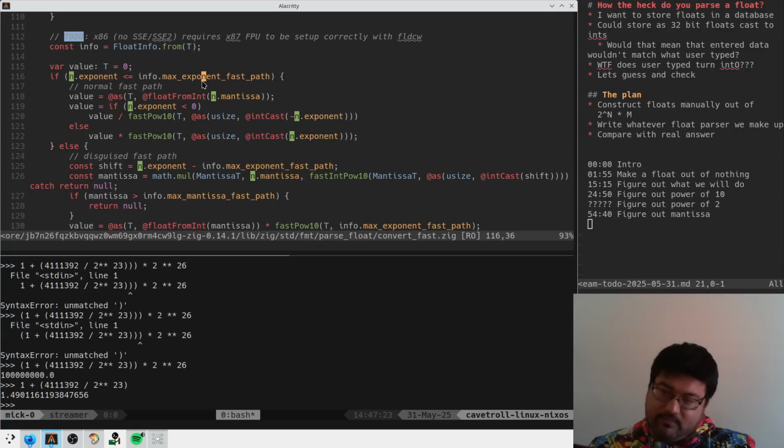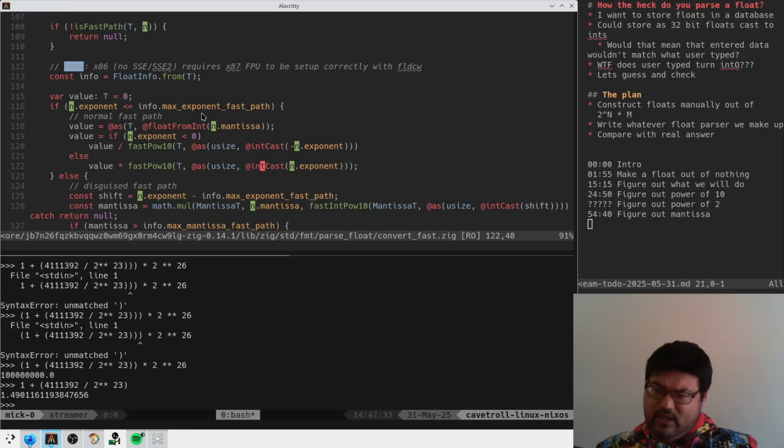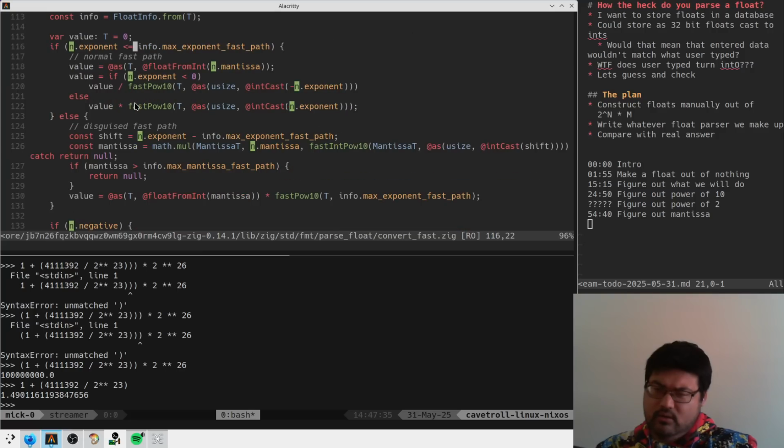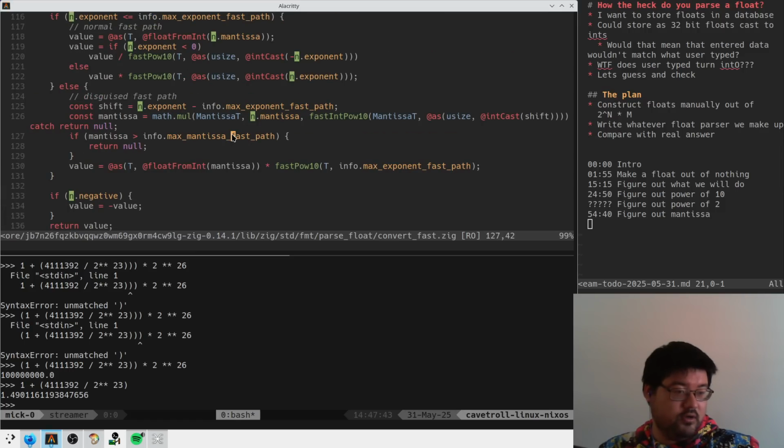Oh, and I see, this is the fast path, which we didn't do because we might not fit this thing in an i64 or whatever, I think. Oh, then they shift this and then do some other stuff. Okay, so it's not even close to what we did.